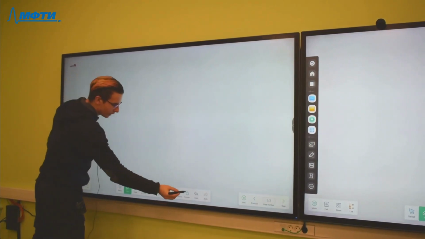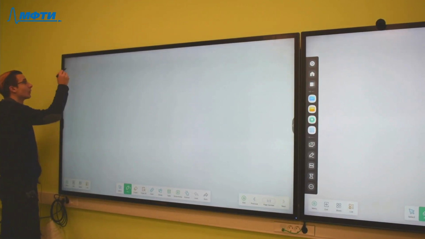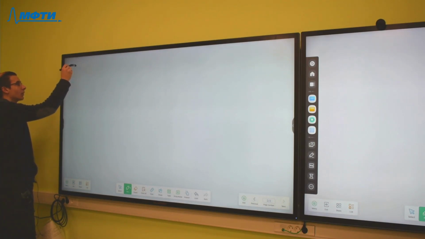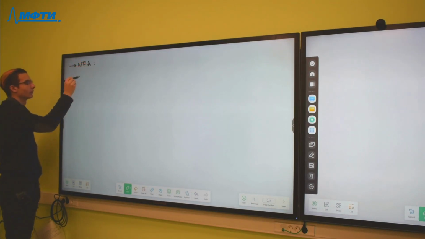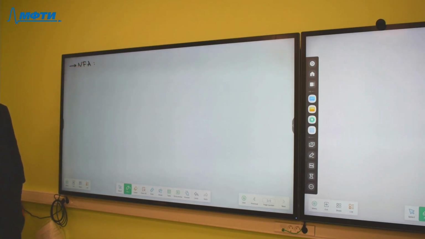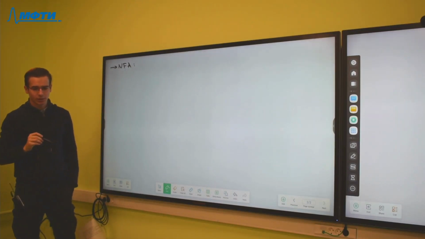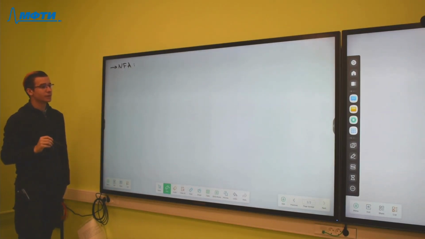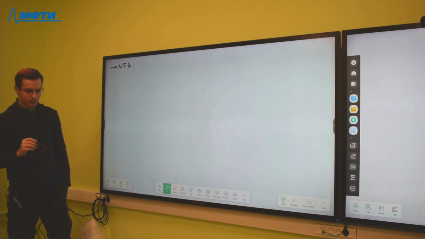What is an NFA? There are different models of NFA, but all of them are equivalent.